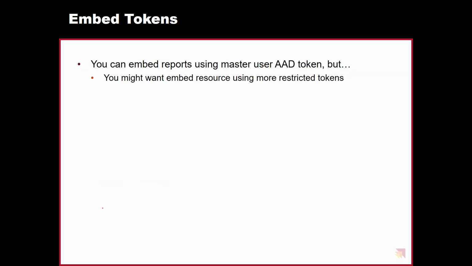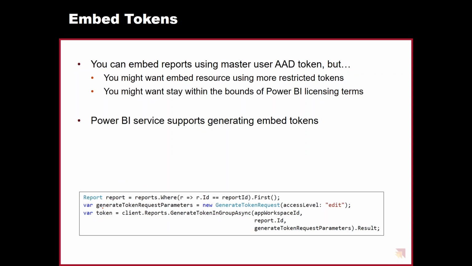Okay, now another thing we have to worry about is getting embed tokens. And remember, when you're using third-party embedding, what you don't want to do is embed reports with the Active Directory user token for the master user, because that's going to be really powerful.